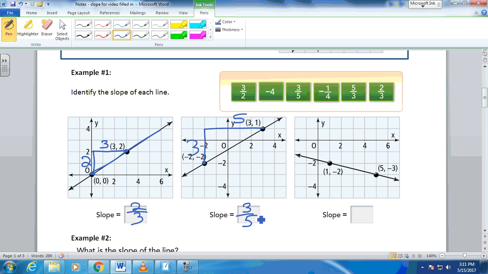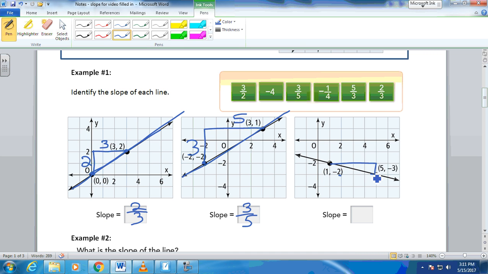Now the next one, if you notice, on this first one, the slope went up towards the right. The second one went up towards the right. So both of those had a positive slope. This one is going down. So this one ends up having a negative slope. I make my right triangle, and you can make the right triangle either this way or below the line like this.